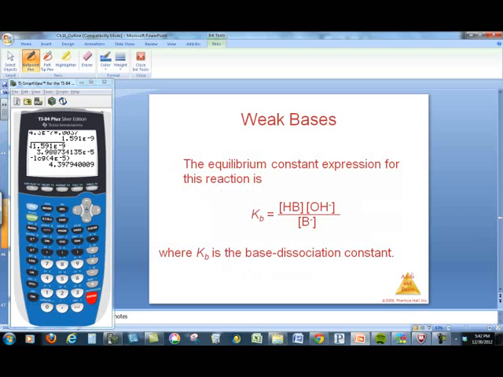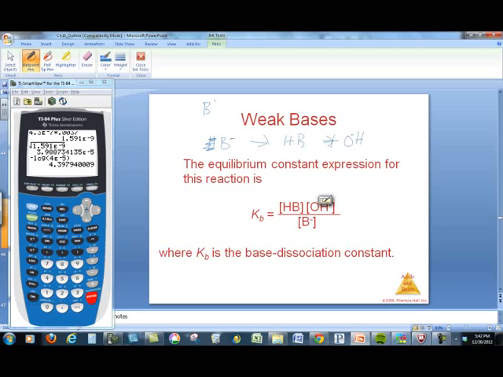So if I start off with a base, when it goes in water it's going to give me the conjugate acid of the base plus hydroxide. Boy, I made a mess of that, didn't I?